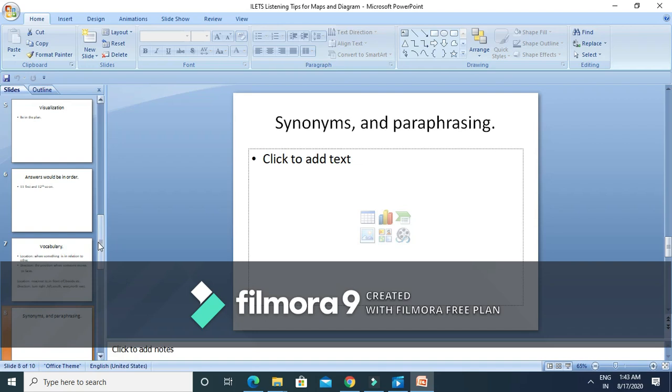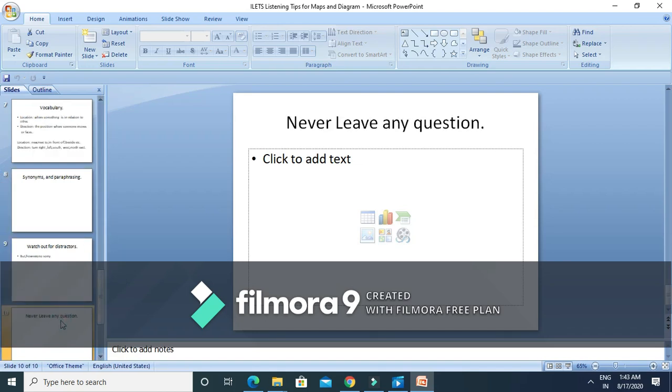And the last tip is never ever leave any question blank. If you won't find any time to answer the given question or to study in detail about the question, take an educated guess. But don't leave the question.